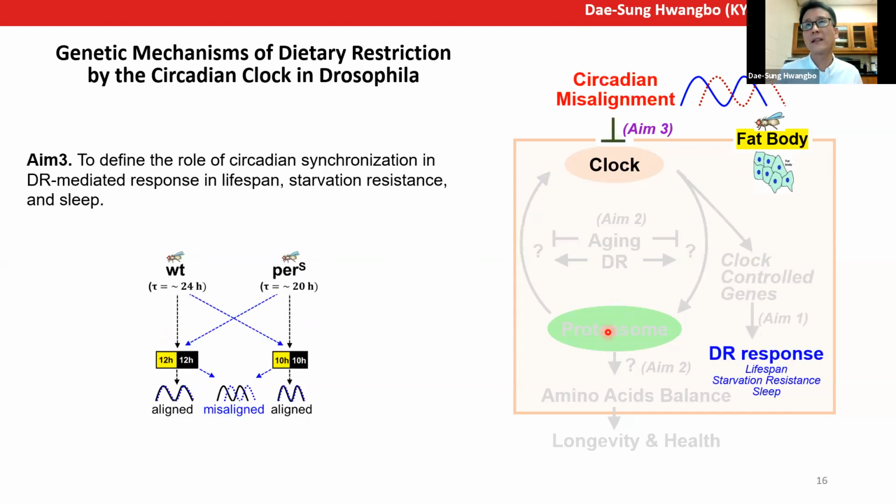The third is a bit different, but the conceptual aspect of this aim is still connected to the main topic, which is genetic mechanisms of diet restriction by the circadian clock in Drosophila. Now, we found the circadian clock is important for DR-mediated lifespan extension. Now, we are trying to employ a different approach using a specific mutant called PERS.